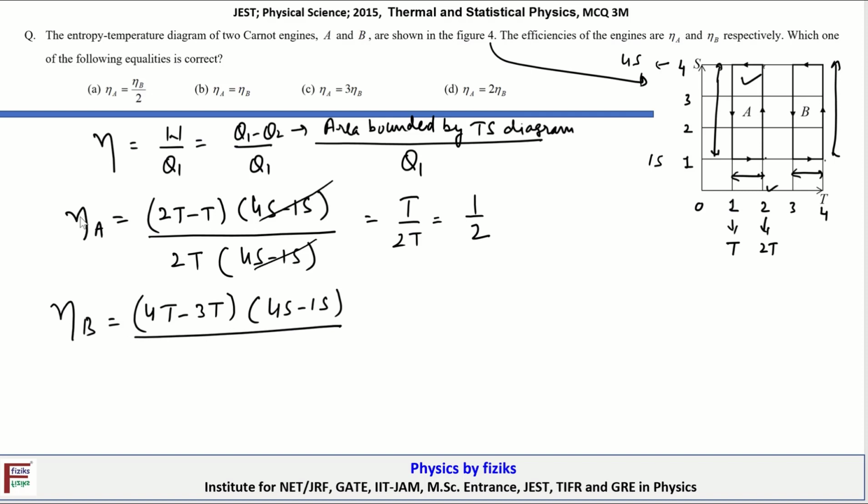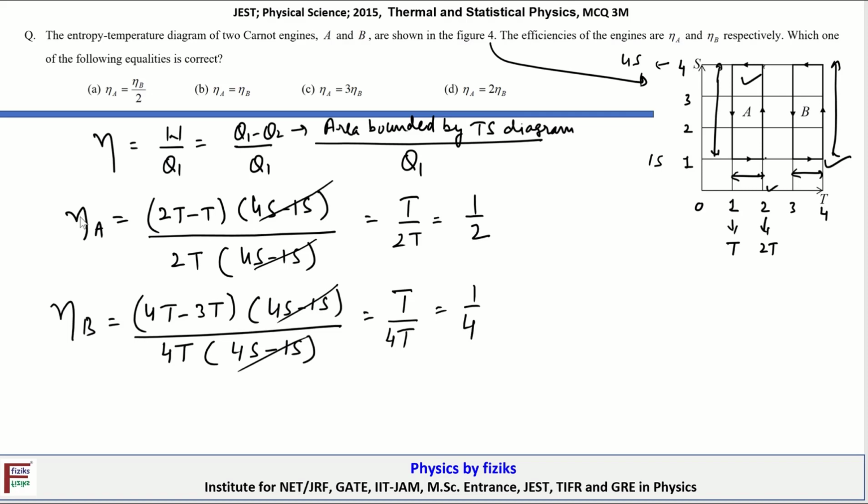So Q1 here will be determined by this line, where the temperature corresponds to 4T, and then delta S, that is 4S minus 1S. So here again this will cancel with this, and then 4T minus 3T, that is 1T, divided by 4T. So that is equal to 1 by 4.